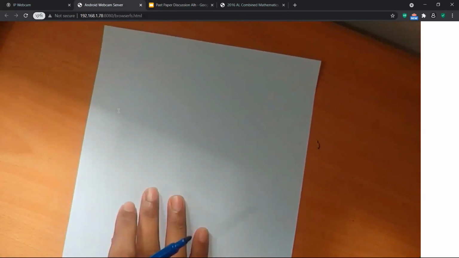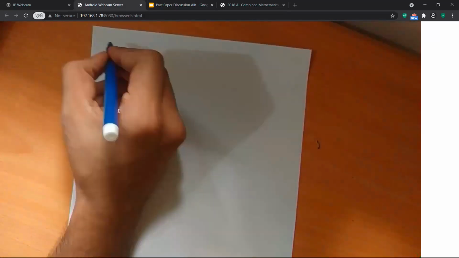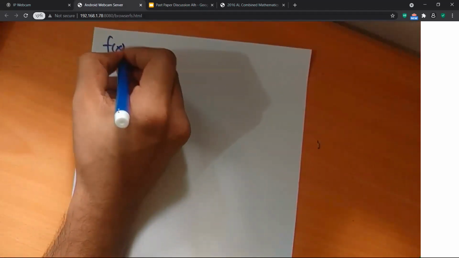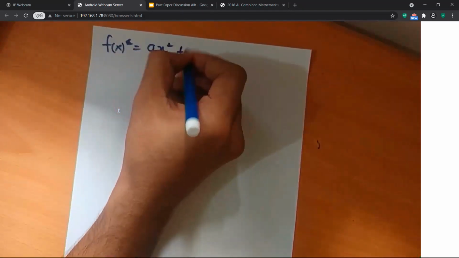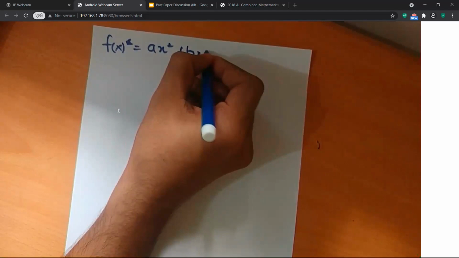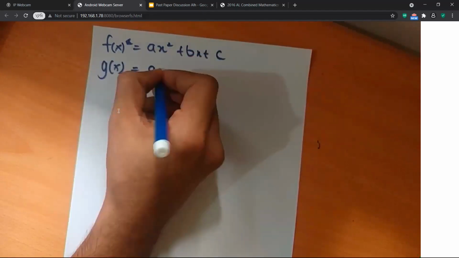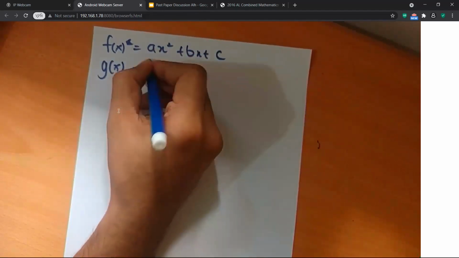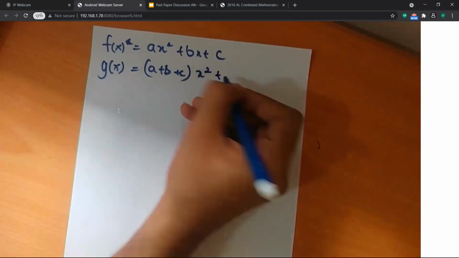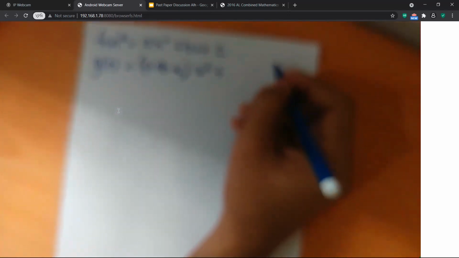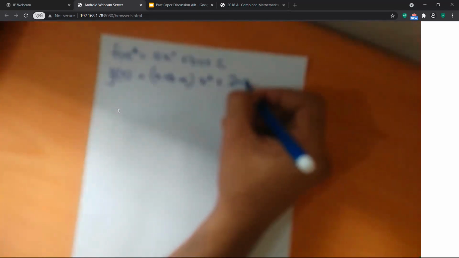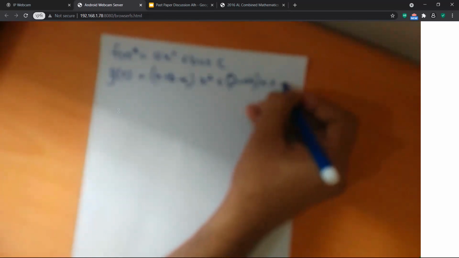Right, so f(x) was ax squared plus bx plus c. What is g(x)? It equals (a plus b plus c) times x squared, plus (2a plus b) times x, plus a.